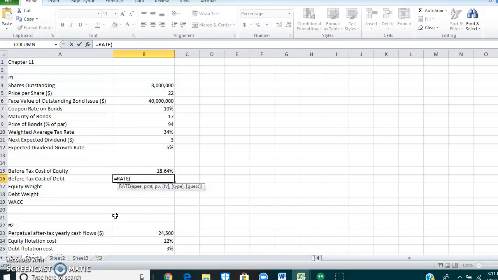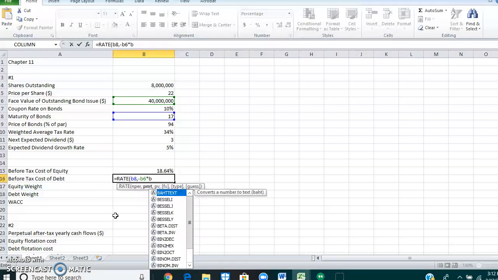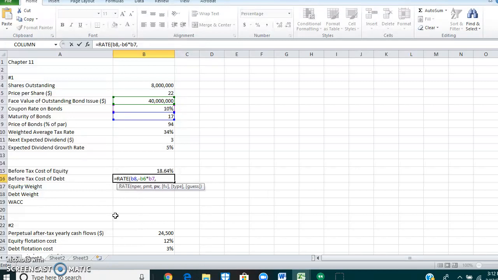So our N per, our number of, is our maturity of bonds, B8, comma, minus face value of outstanding bond issue, B6, times the coupon rate, which is B7, comma, price of bonds, B9, divided by 100 times face value of outstanding bond issue, B6, comma, minus B6, close parentheses, enter.